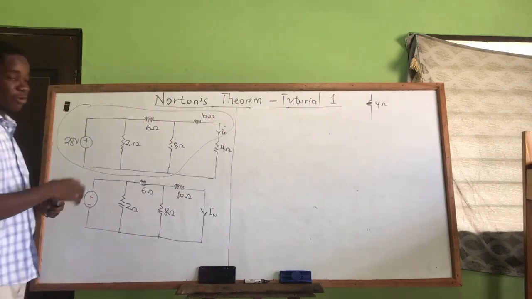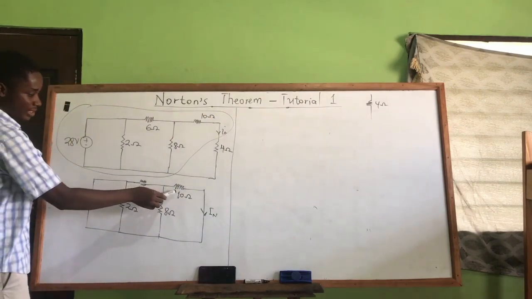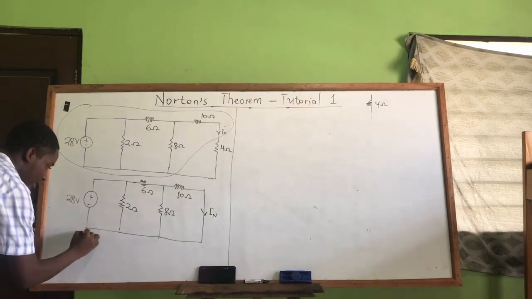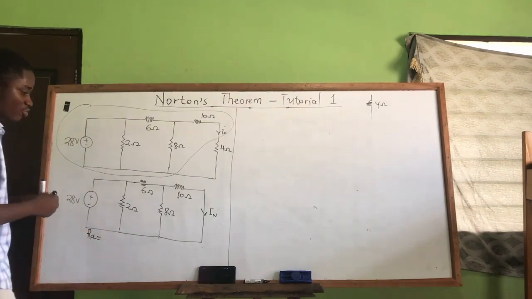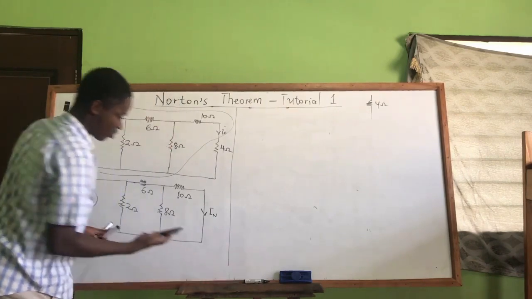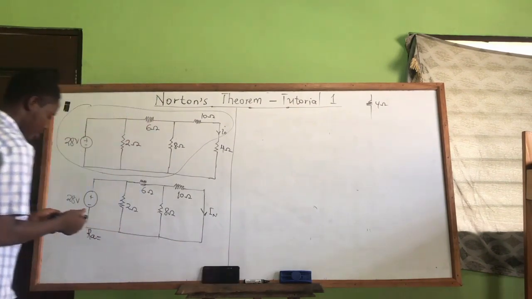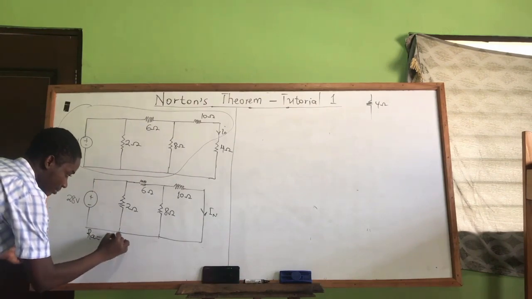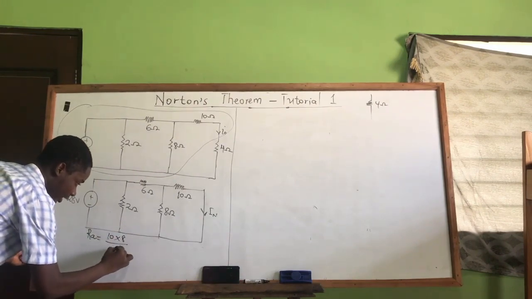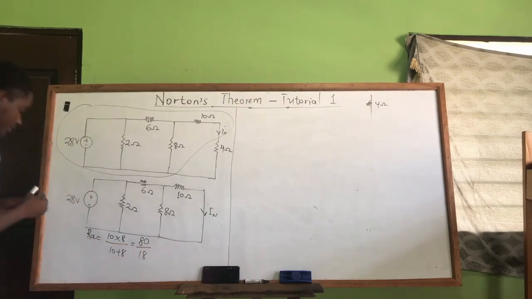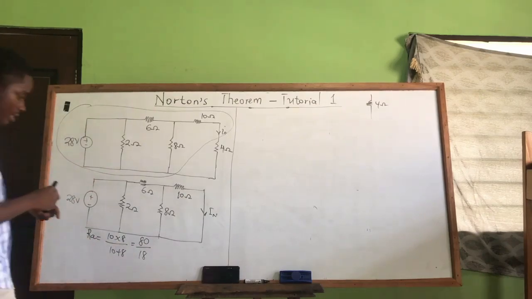So let's see, starting from the end, you can see this 10 and these 8 are in parallel. So let's find its equivalent. Let's call it RA. We have to do a lot of calculations here. We are just trying to find the current in the 10. So 10 and 8 in parallel gives us 10 times 8 over 10 plus 8, which is 80 on 18 as our RA.